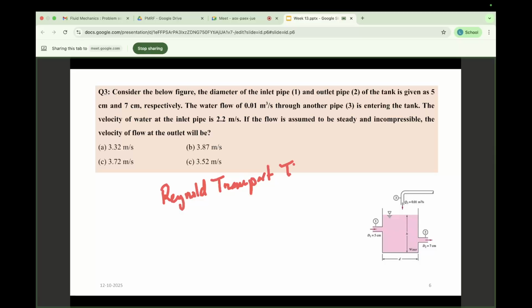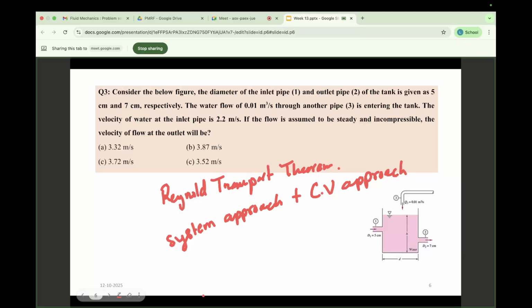Reynolds transport theorem basically incorporates two approaches: one is the system approach, plus the control volume approach. What is the basic difference between these two?